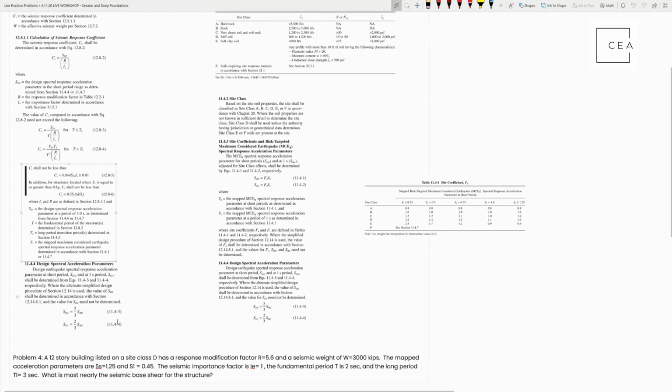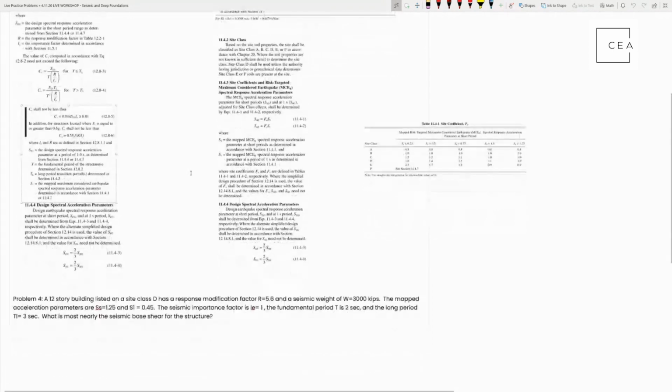So eventually you drill down to what SMS is, which was titled here, Site Coefficients and Risk Targeted Maximum Considered Earthquake Spectral Response Acceleration Parameters. The MCE spectral response acceleration parameter for short periods, which is what SMS is, and for 1 second periods, SM1, adjusted for specific site class effects, shall be determined by these equations. This stuff is pulled from maps and data.